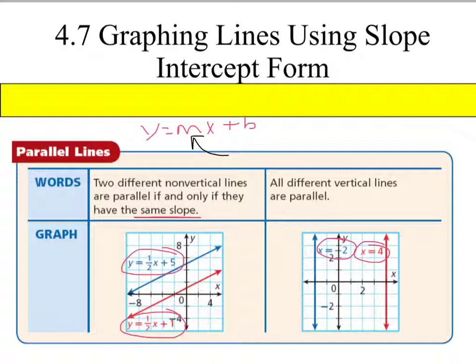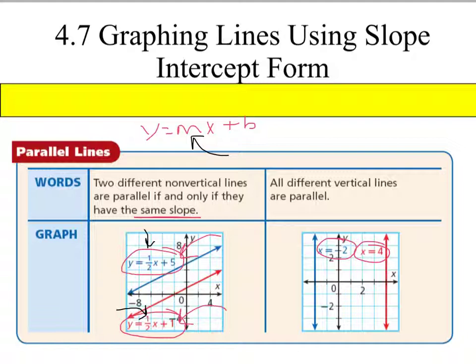If you look at this, they're both positive 1/2 here. So that number is the exact same, then they are parallel. It does not matter what these numbers in the back are. As long as they have the same slope, they are parallel. Just look at that slope.